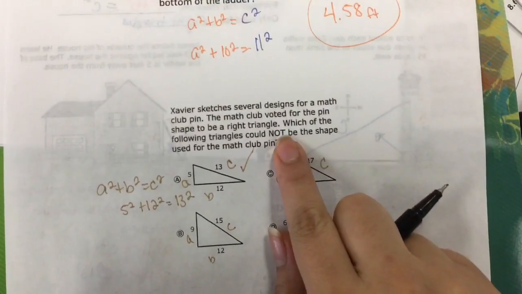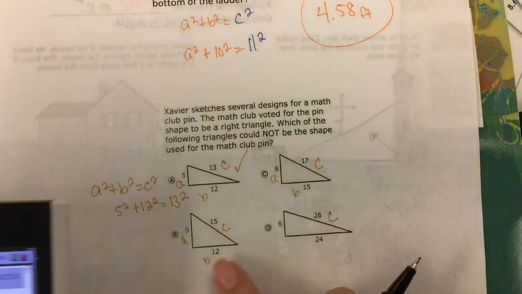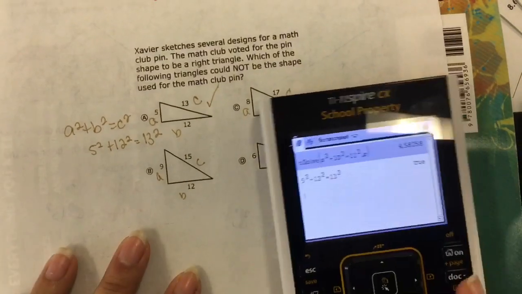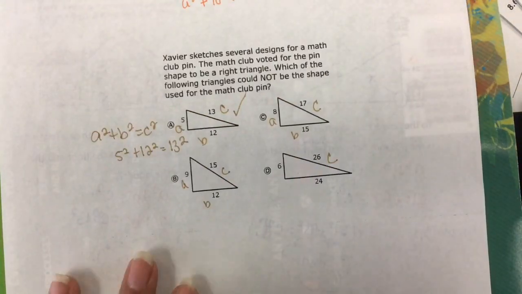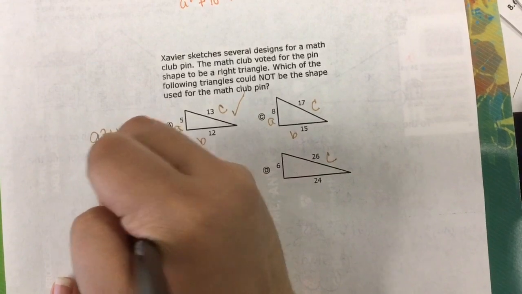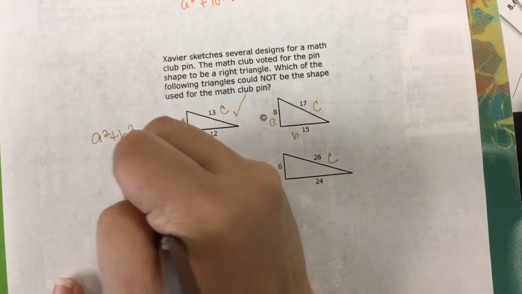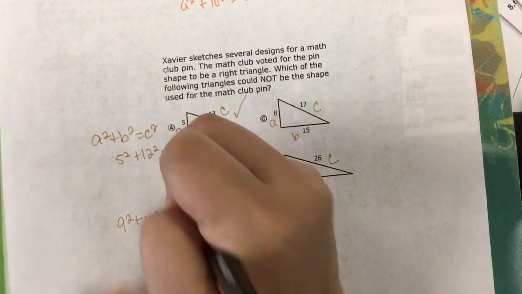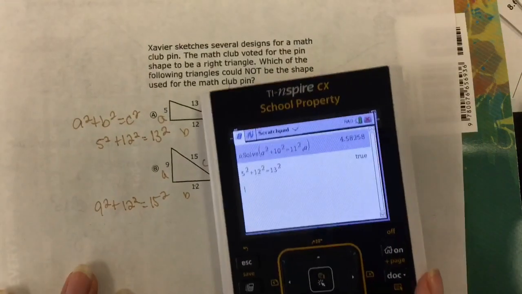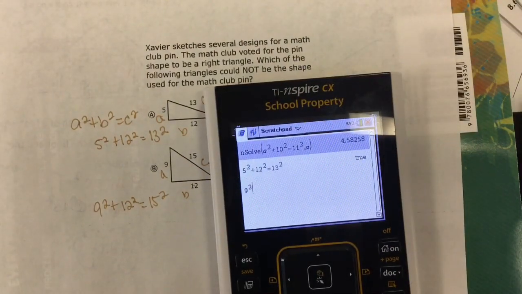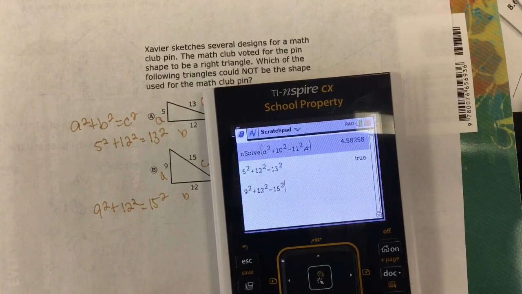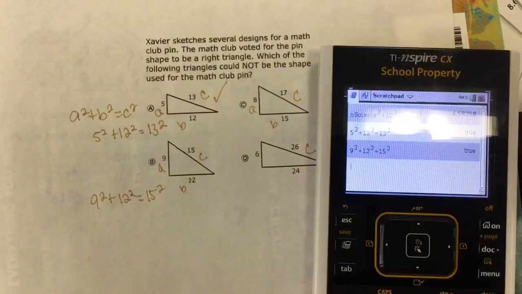We're looking for the one that's not going to be a right triangle, so let's go ahead and do B. So 9 squared plus 12 squared equals 15 squared. Type that into our calculator. Enter. True. So this one also works.